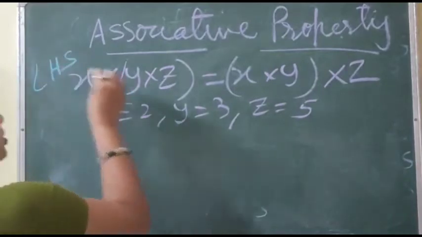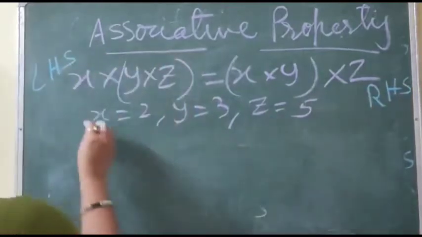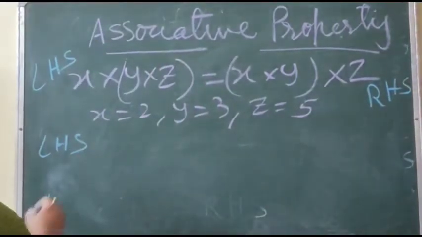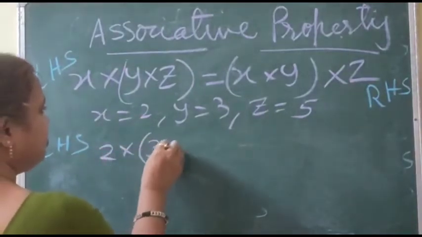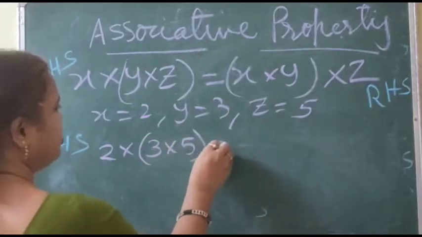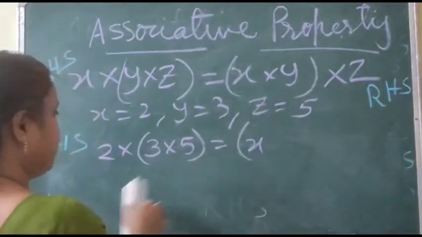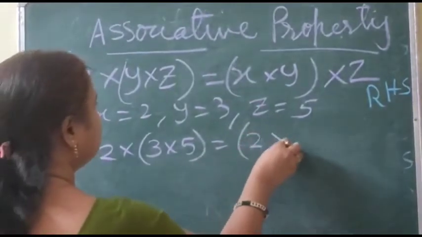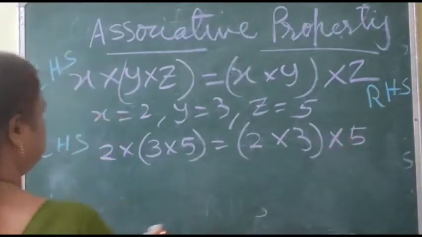This one is LHS and this part is RHS. Let's solve LHS first. The value of x is 2. So 2 into, inside the bracket, 3 into 5.